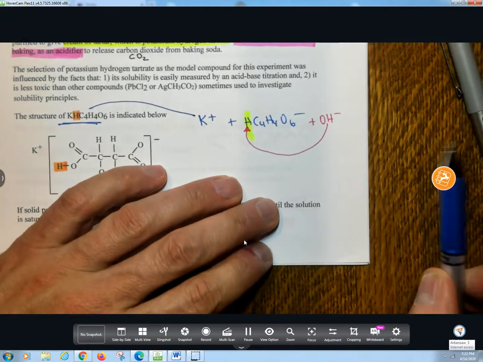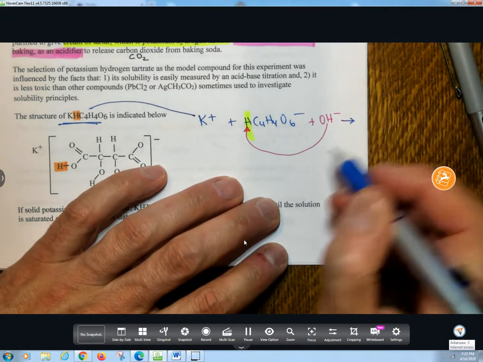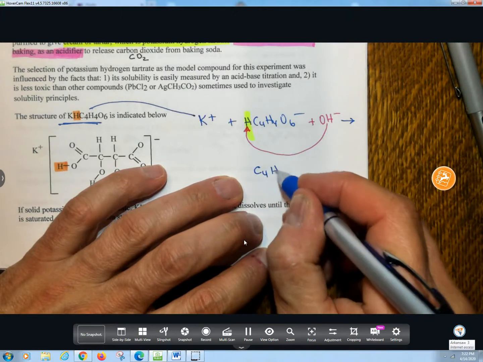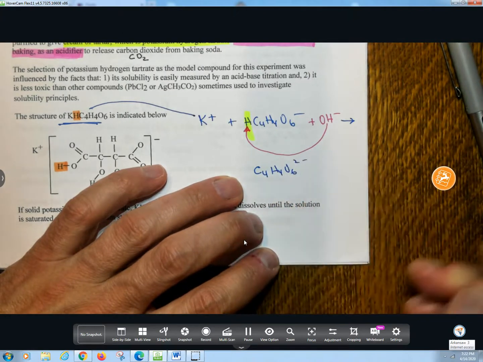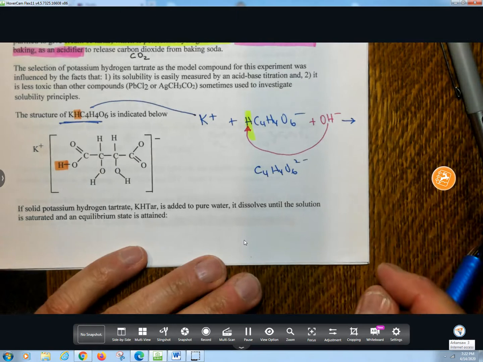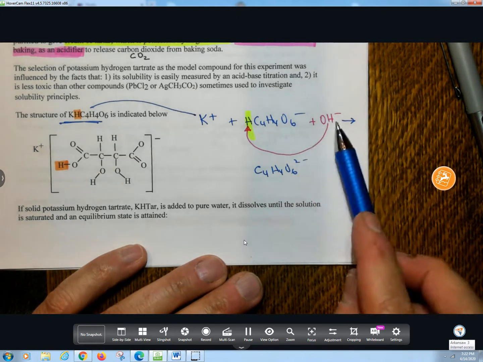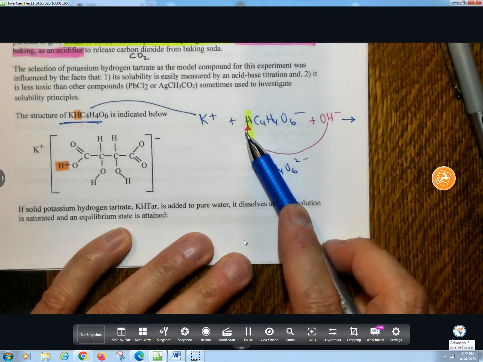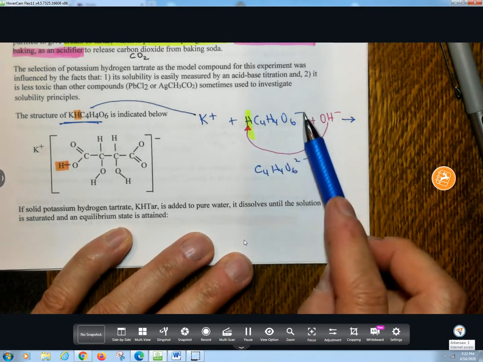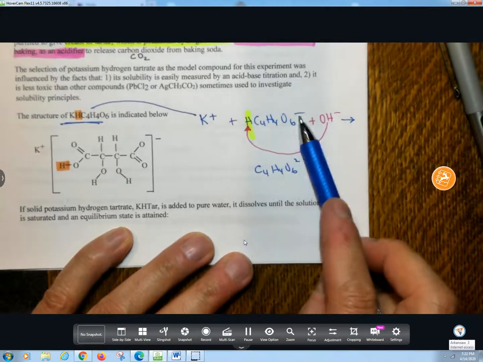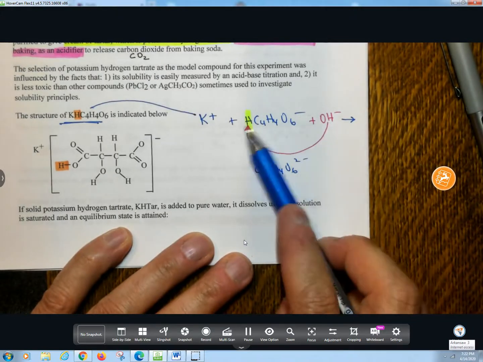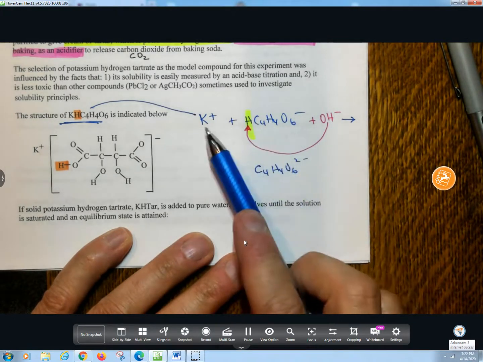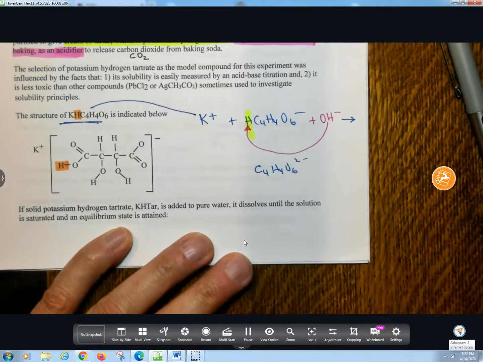And then the leftover, of course, is going to be C4H4O6 2-. So if we titrate this with hydroxide, which forces the hydrogen off our tartrate ion, we can calculate what the molarity of this hydrogen tartrate ion is. And since this splits up 1-to-1, we're also going to know what that is.